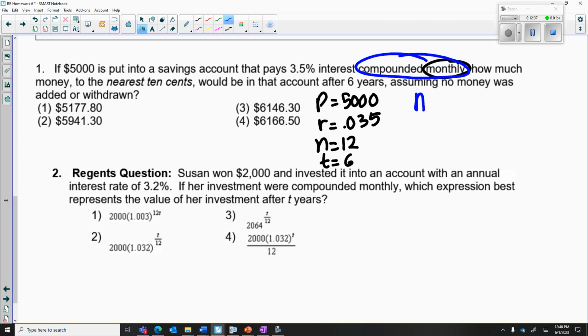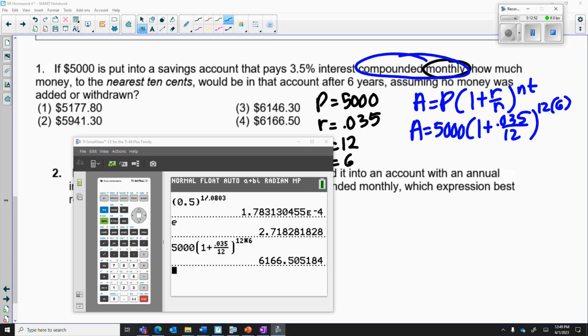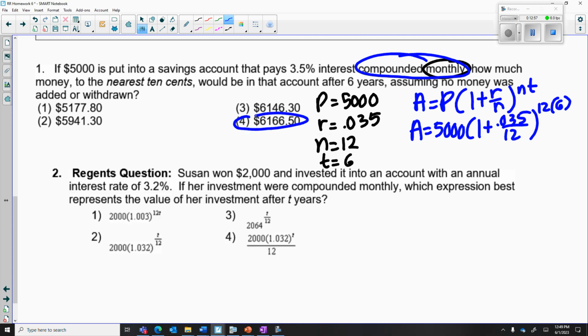I would make sure you write down that formula that we have to memorize for compound interest. And then we're just going to substitute. So I plugged in for the P, the R, the N, and the T. And now just plug it in the calculator and get your answer. So I got choice 4, 6166, 50-ish.